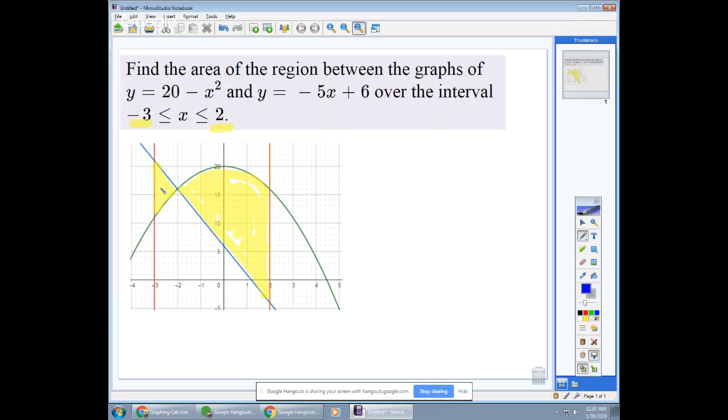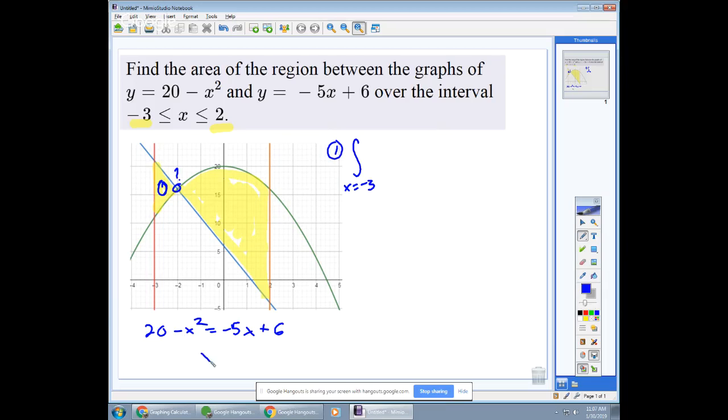So this first area right here, let's call that number 1. That's going to be the integral from negative 3 up to that intersection point. It looks like the intersection point happens at negative 2, but I need to confirm that. So if I set these equal, 20 minus x squared equals negative 5x plus 6.